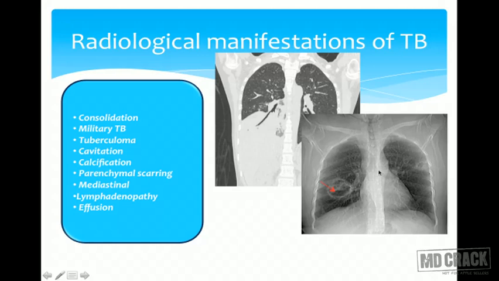You can see calcification or parenchymal scarring, which are the two signs of an inactive or healed infection. You can have mediastinal lymphadenopathy or effusion. Consolidation, miliary tuberculosis, tuberculomas, cavitation, lymphadenopathy, and effusion are more likely to represent an active disease process.